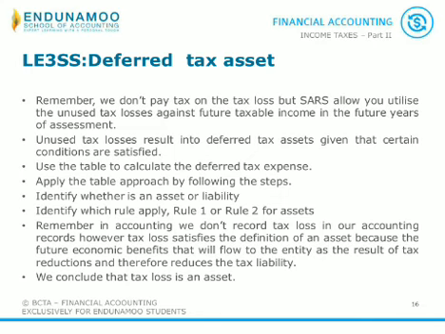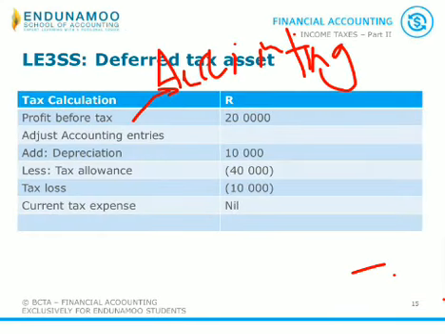Unused tax losses result in a deferred tax asset, given that certain conditions are satisfied. So if you go back here, we're currently sitting with this tax loss of 10,000 rand, and in the following year we make a 20,000 rand tax loss, so then we'll be sitting with an accumulated tax loss of 30,000 rand, and this results in a deferred tax asset.